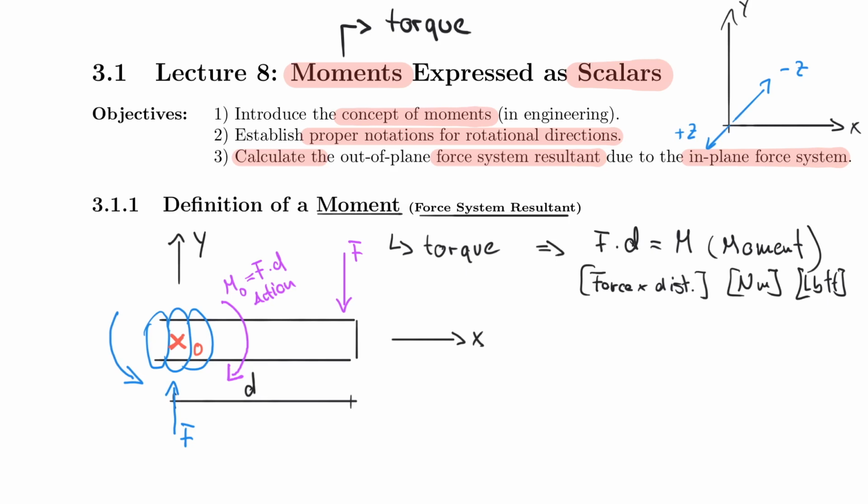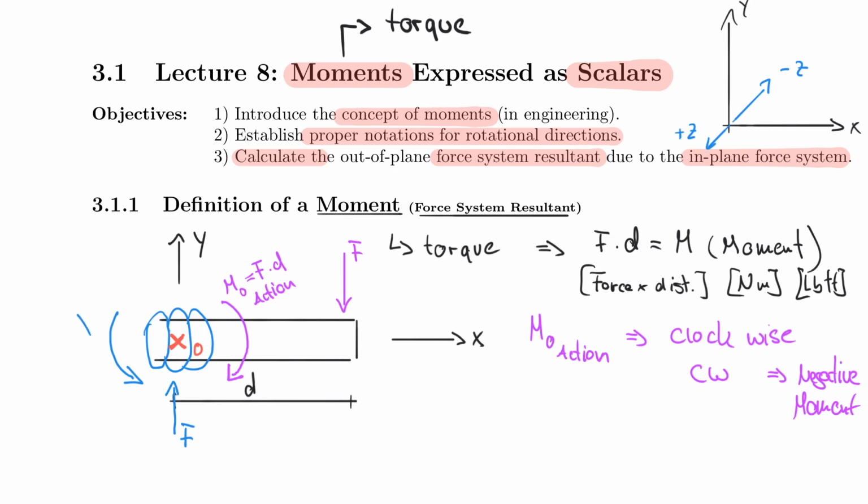And therefore I can say that M_O action, so the result of the force times its lever arm, is acting clockwise. Which of course later on we just write as CW. And clockwise is actually a negative moment. So clockwise would be negative.